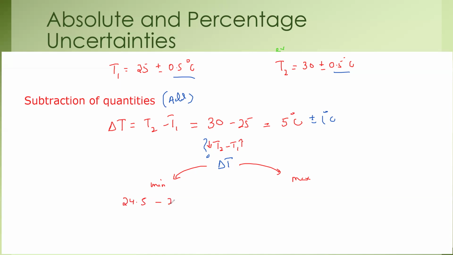The maximum value of T1 will be 25.5. And the minimum value for T2, which is 30 instead of 25, will be 30 minus 0.5, so this will be 29.5, the minimum value.